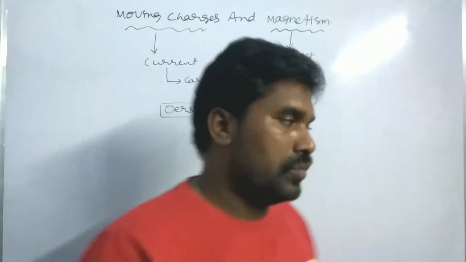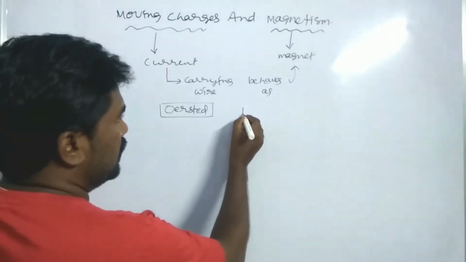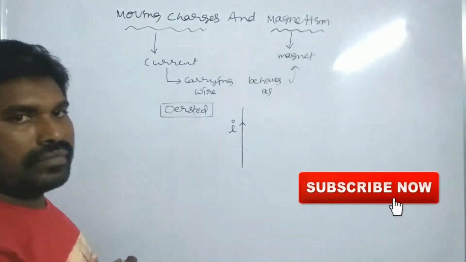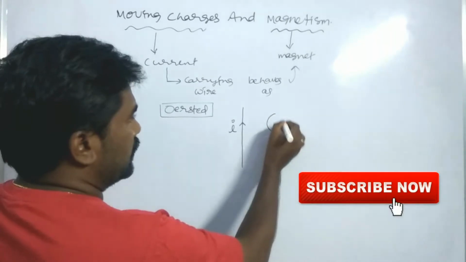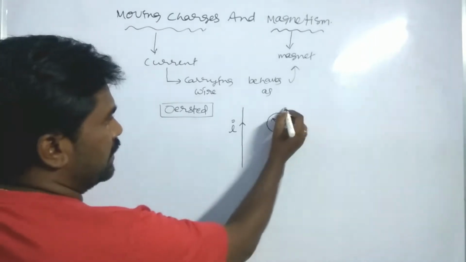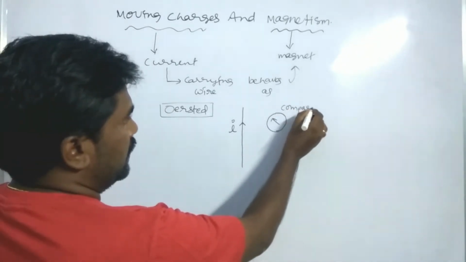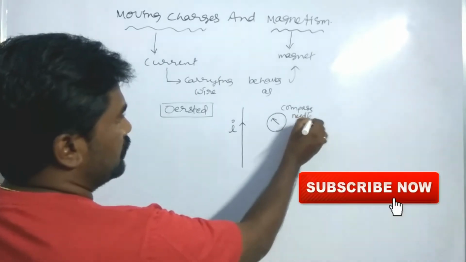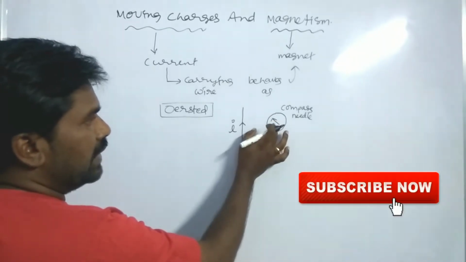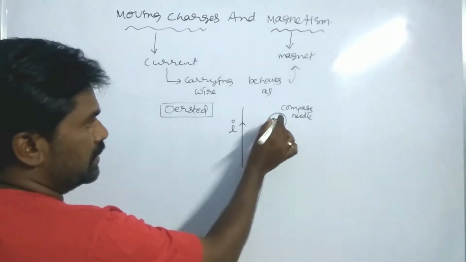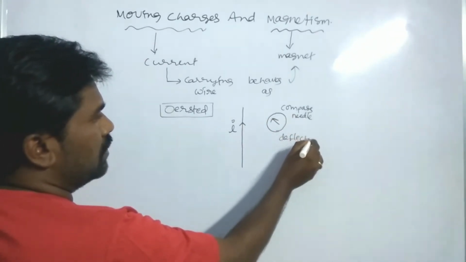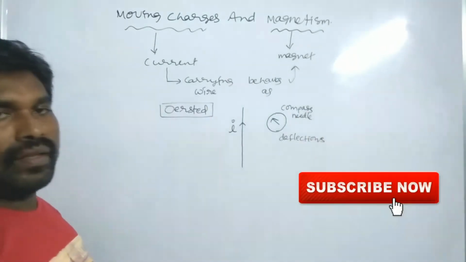How did he observe this? Suppose this is a wire having current I. When he kept a compass needle near the current carrying conductor, he observed that the needle, the magnet, deflects.